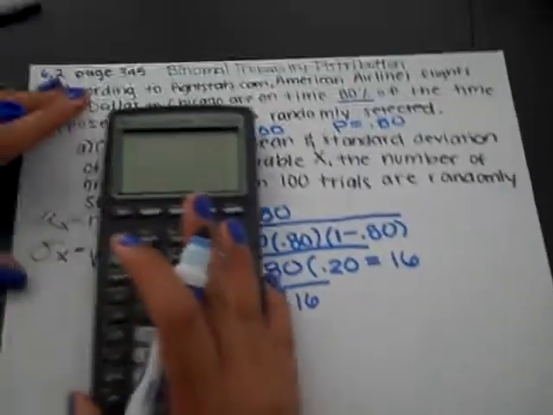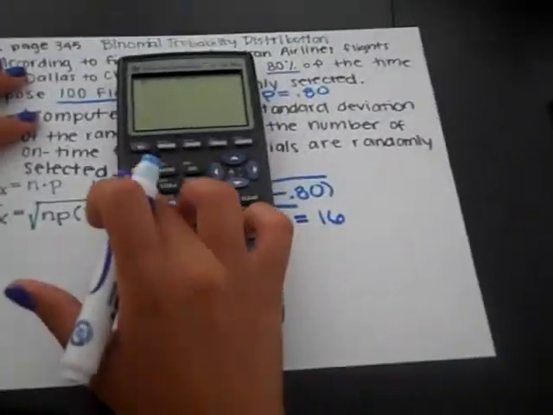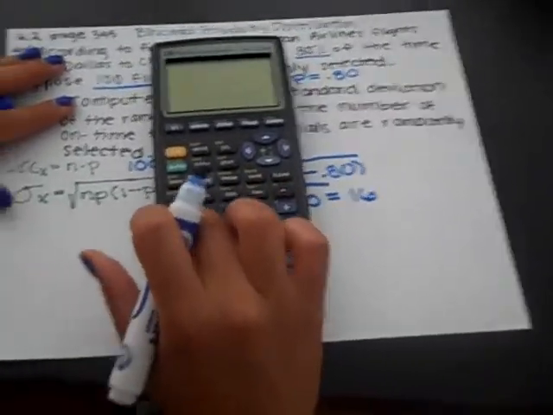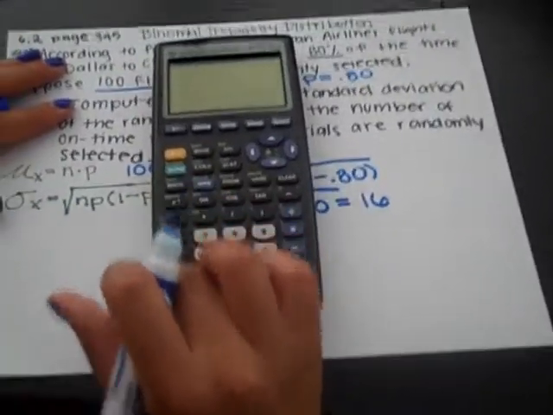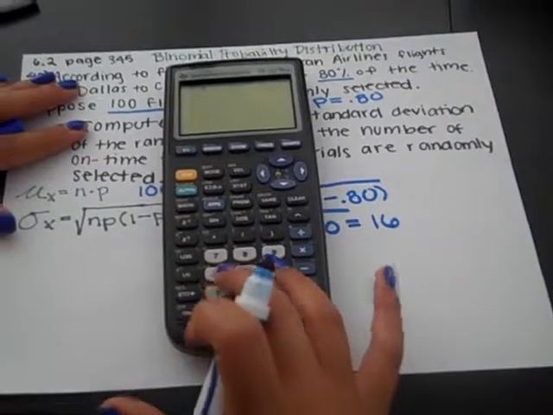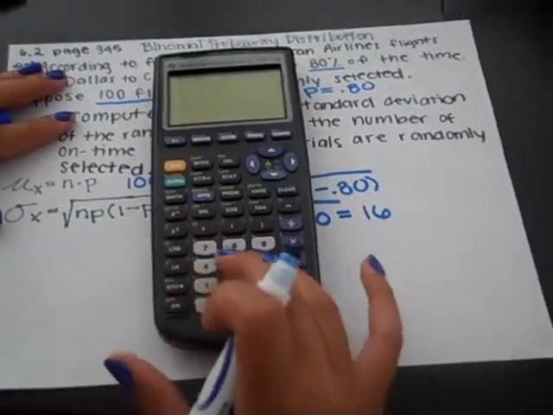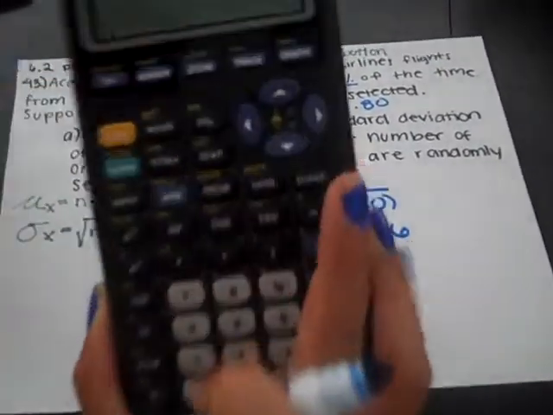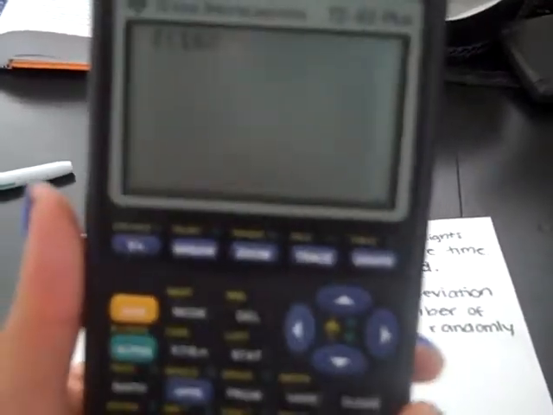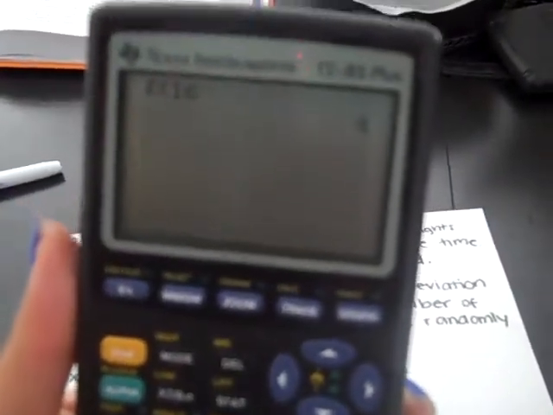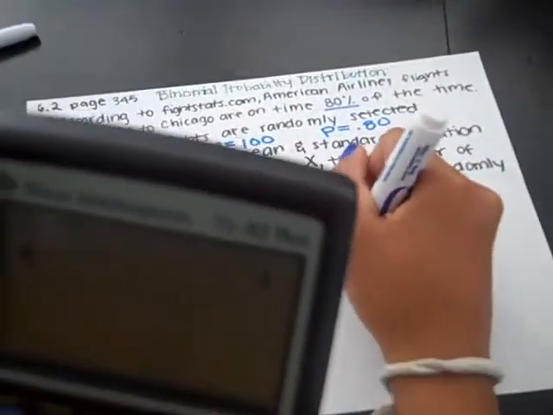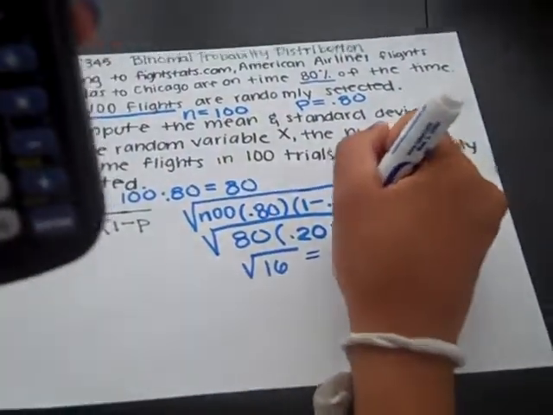The easy way is to go to your calculator, press second, square root, and plug in 16, and press enter, and that's your answer, which is 4.